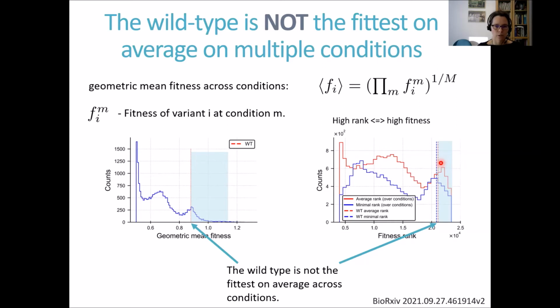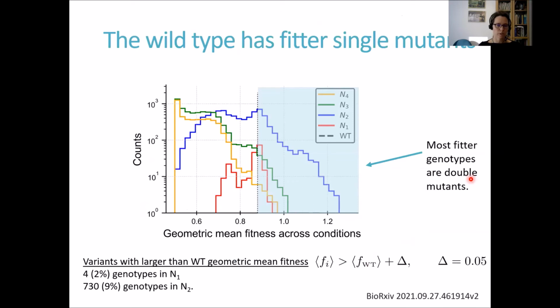Okay, so then we went on to the next explanation. So maybe the wild type is a local maximum. But before that, we asked where exactly are these fitter than wild type genotypes. So here we dissected the genotypes according to the number of mutations from the wild type.